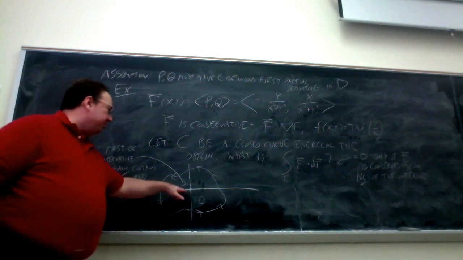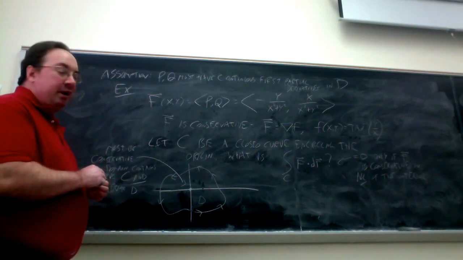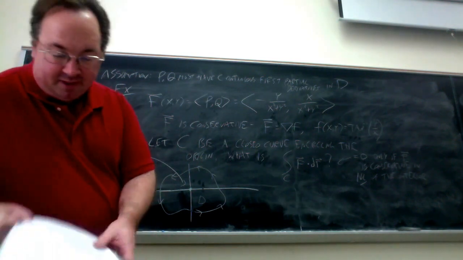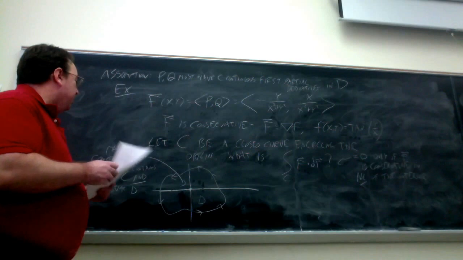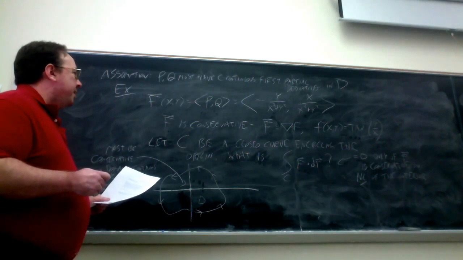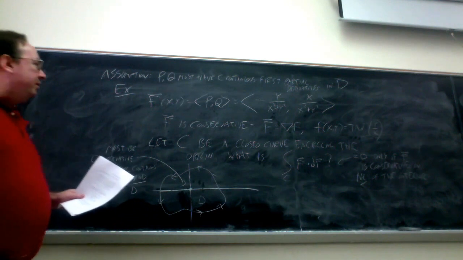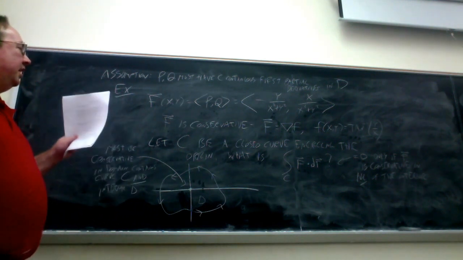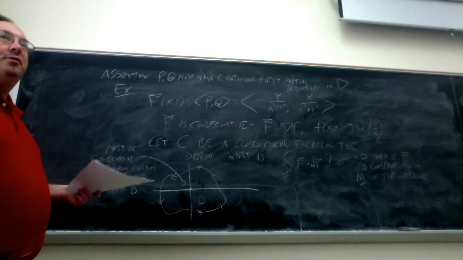But the origin presents some problems. So we need to do something about that. All right. So before you use Green's theorem, you have to make sure that you're not going to have any difficulties because of some points where things fail to be defined.